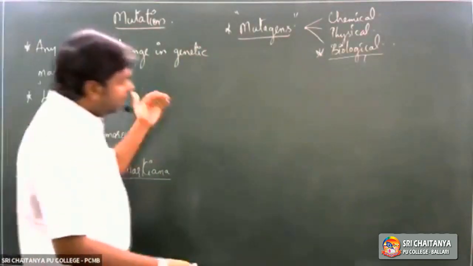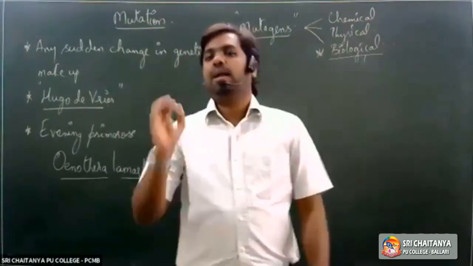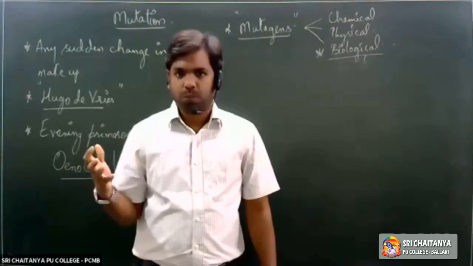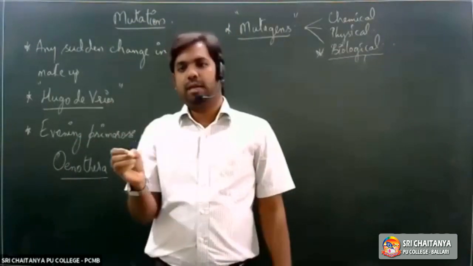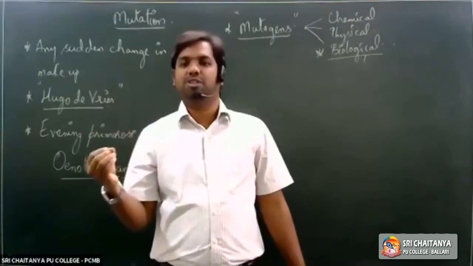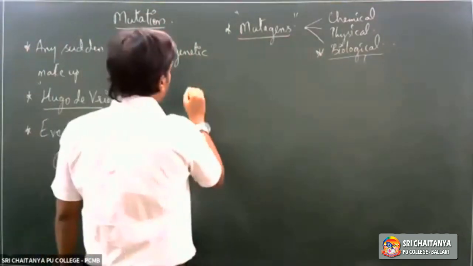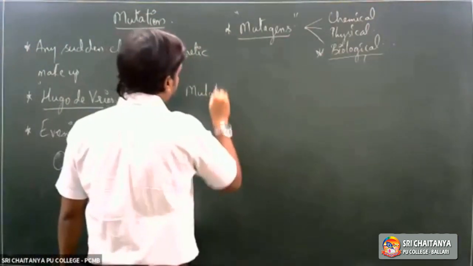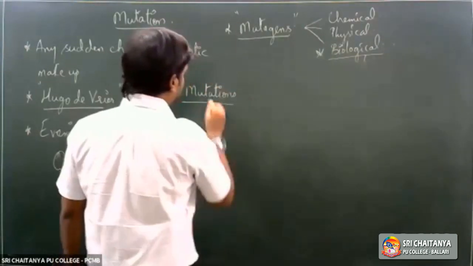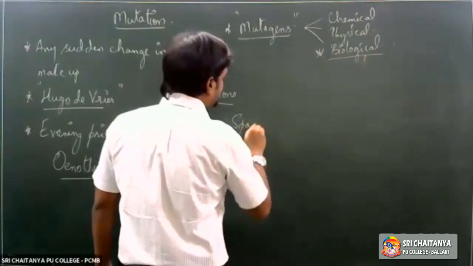So let us first begin with the first type of classification: classification based on the origin of mutation. On the basis of origin, we classify mutations into two categories. The first one we call spontaneous mutations.